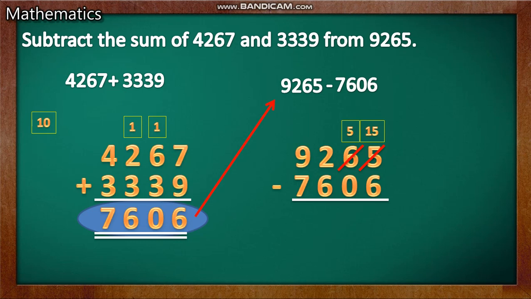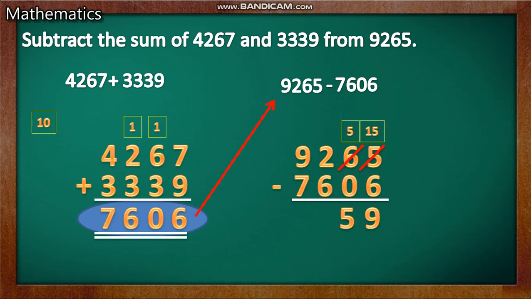Count back, you will get 9. Then 5 minus 0. If you subtract 0 from any number, you get that number itself. 5 minus 0 is 5, 6 minus 0 is 6, 7 minus 0 is 7, 8 minus 0 is 8. Here 5 minus 0 is 5.